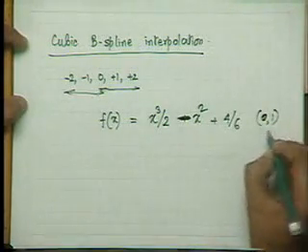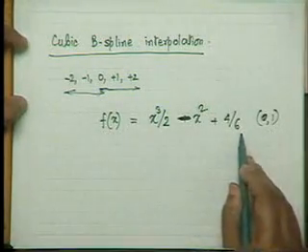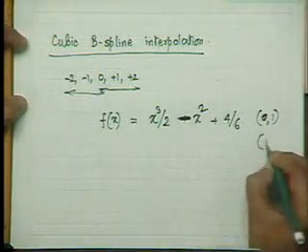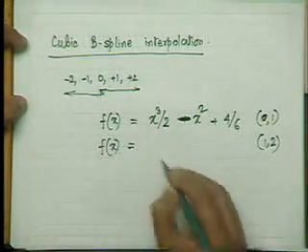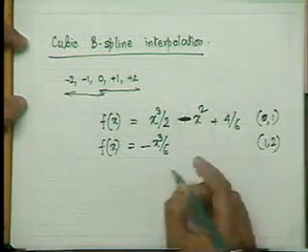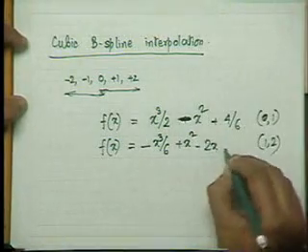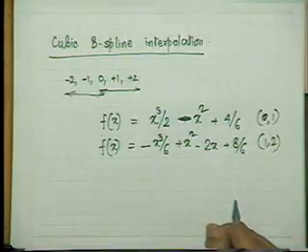So when x lies between 0 and 1, f(x) takes this form, and when x is between 1 and 2, it takes a form like this: f(x) equals minus x cubed by 6 plus x squared minus 2x plus 8 by 6. So this is the cubic B-spline relationship.